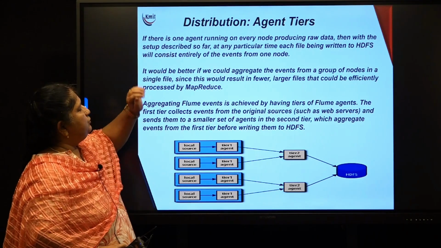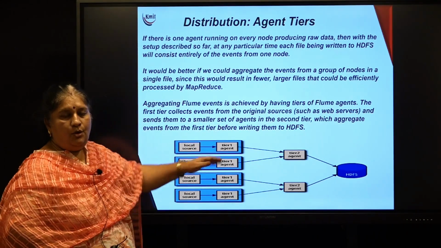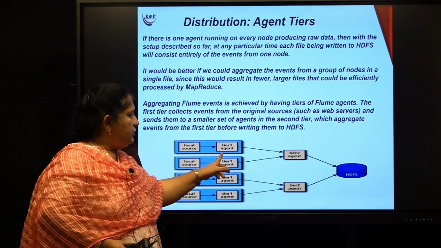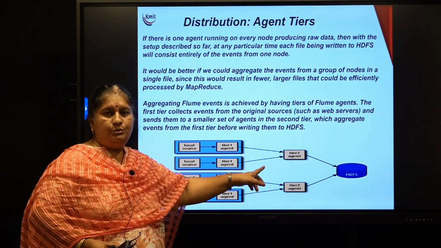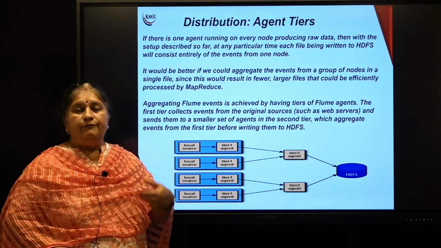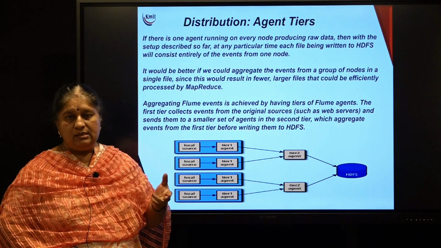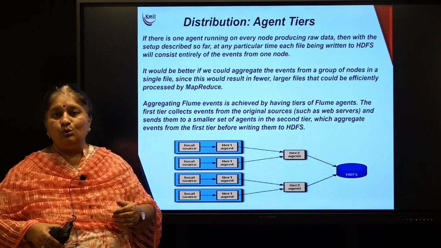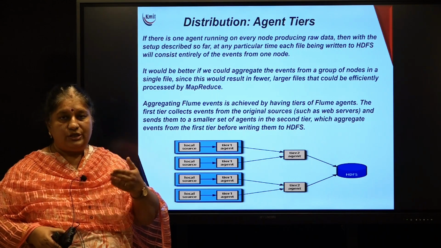Then, distribution agent tiers. All the time in the previous example, we have seen one agent passing it on to the channel, and from the channel it goes to the sink. When the data size increases, when the levels of tiers between source and sink are increasing, what shall we do?